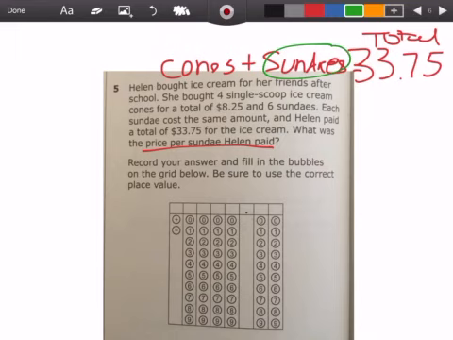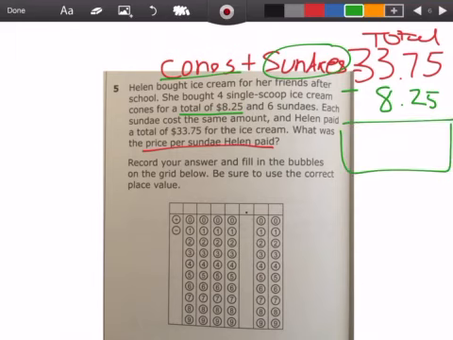Okay, so I know the price of the cones, that was $8.25. So we're going to subtract the $8.25 to figure out how much the sundaes cost. So this number here will tell you how much the sundaes cost. And she bought 6 sundaes, so then you'll need to divide by 6 to determine the price for one sundae.